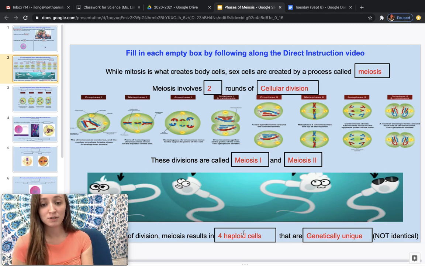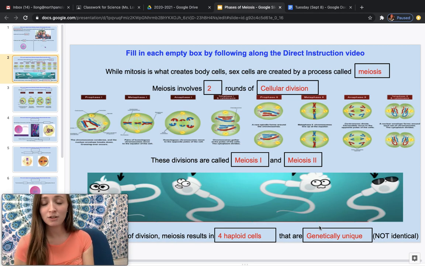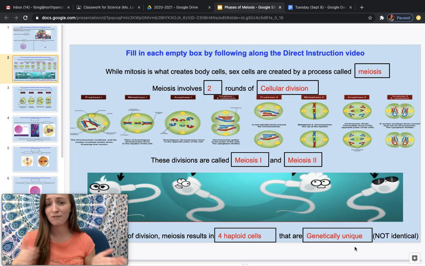Also, meiosis results in 4 cells, and they're haploid cells, meaning they have half the amount of chromosomes. Last but not least, those cells are going to be genetically unique, meaning that their genes are not the same, they're not identical to the parent. You might also see it written as genetically diverse. Diverse just means different. So they are genetically different.